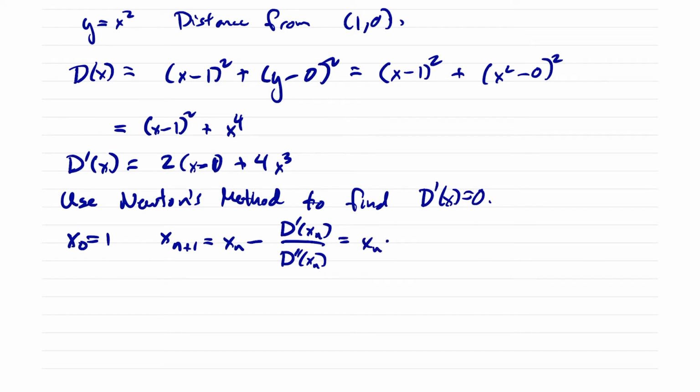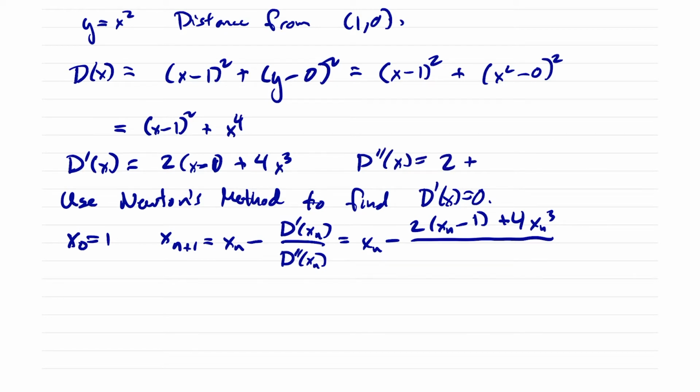It tells us x n minus 2x n minus 1 plus 4x n cubed, divided by the derivative of that, d double prime of x, which gives me 2 plus 12x squared. So I'll put that on the bottom. Okay, and that should be x n. All right, so there you go.